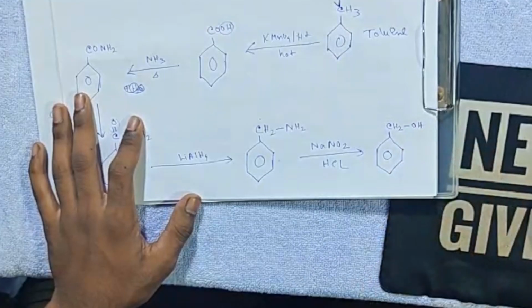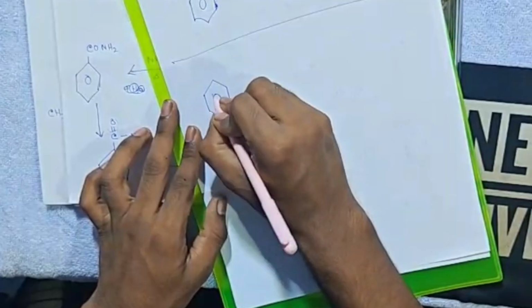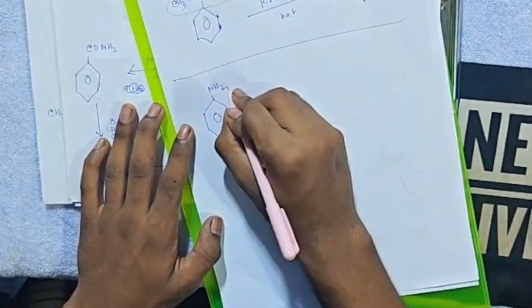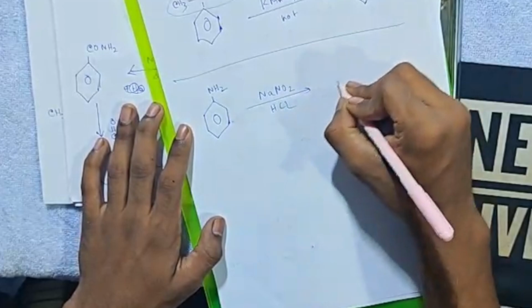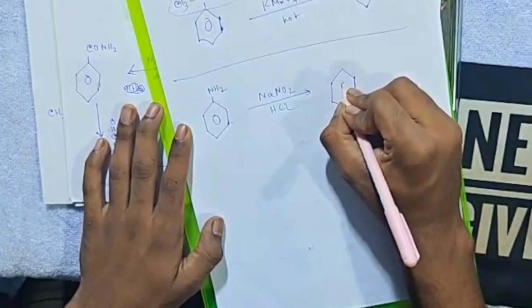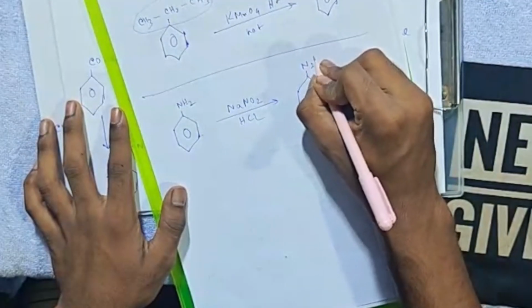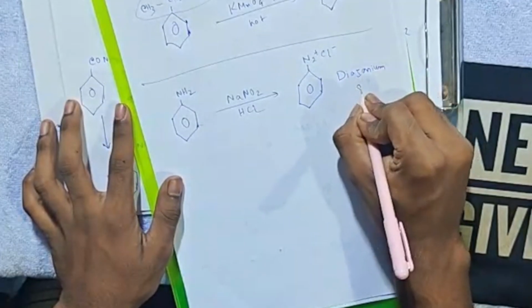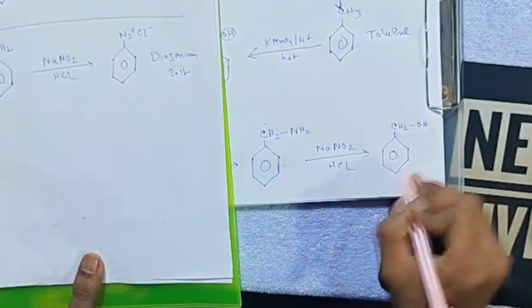Okay, but if instead of this CH2NH2, just NH2 was present, meaning NH2 was present directly on the benzene, that means aniline was present, that time if you give NaNO2/HCl, it would have formed this diazonium salt. This is called diazonium salt. But as here CH2 was present in the middle, that's why OH is formed.